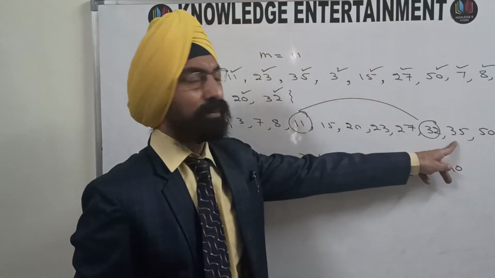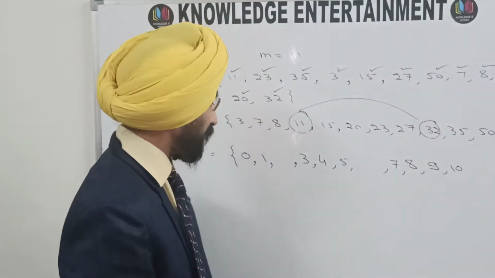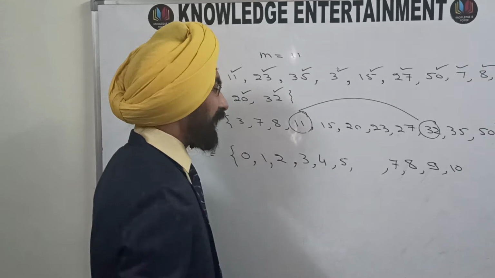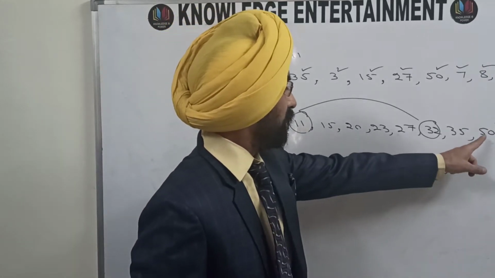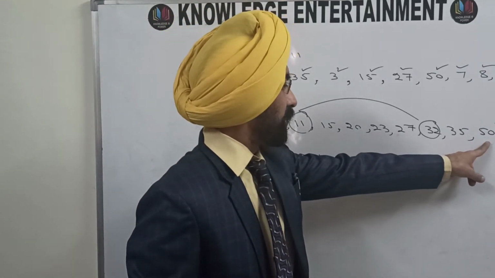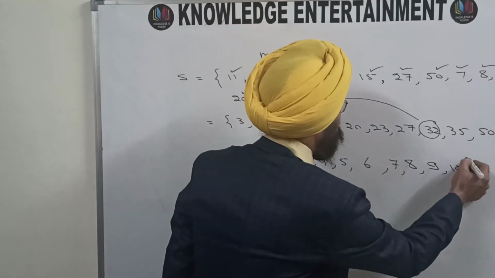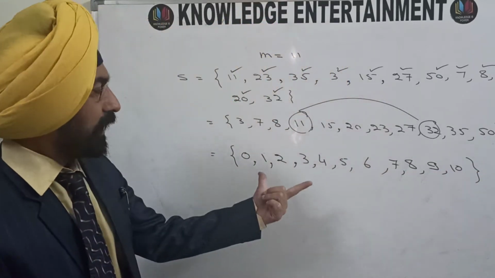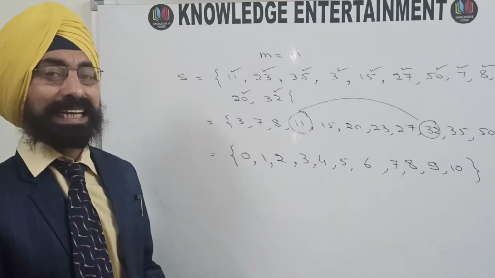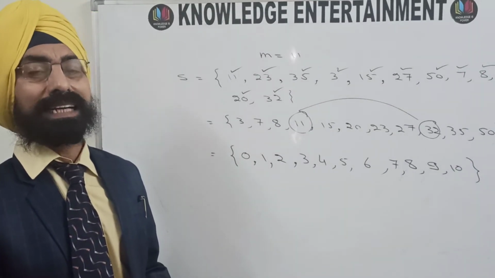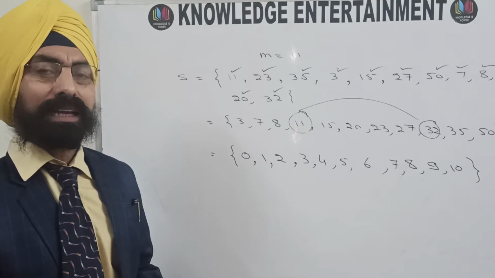If you divide 35 by 11, the remainder obtained will be 2. And if you divide 50, then the remainder obtained will be 6. So this is the set of least positive residue system modulo 11.